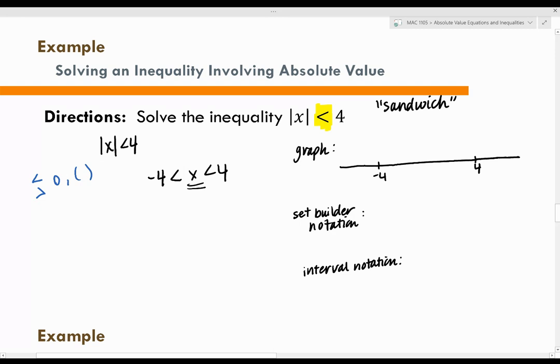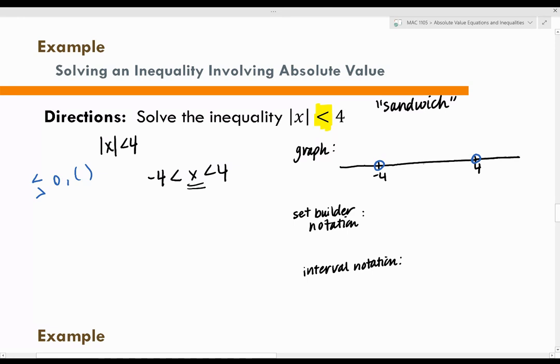Depending on whatever book or resource you're using, those can be interchanged. So on my two endpoints, I'm going to write open circles. The reason why they're open is because it's not equal to those values. And now I need to shade my number line. So x falls in between -4 and 4, so that's where I'm going to shade, in the middle.